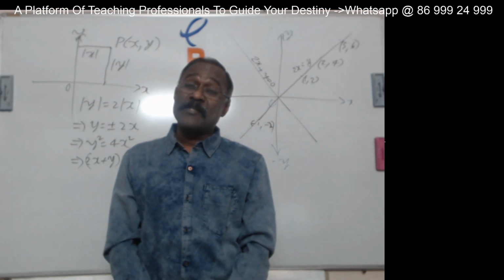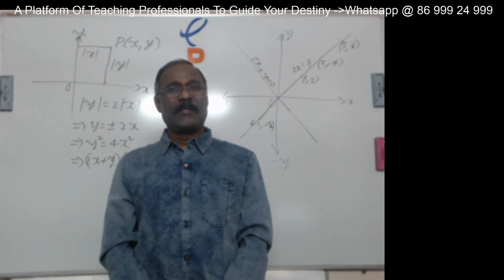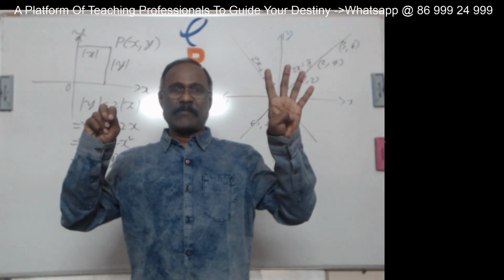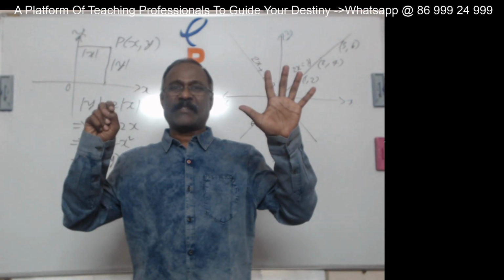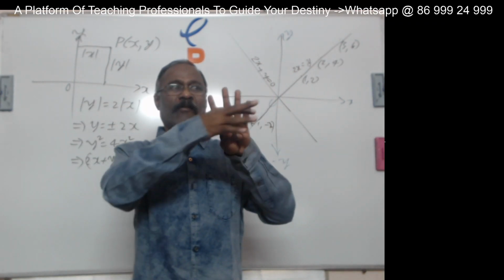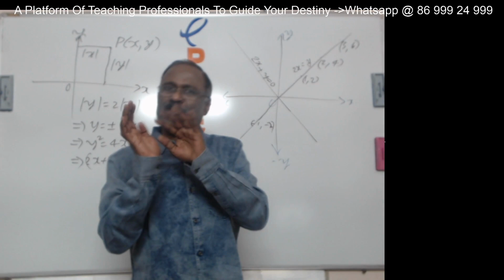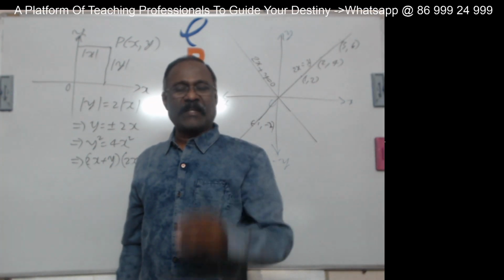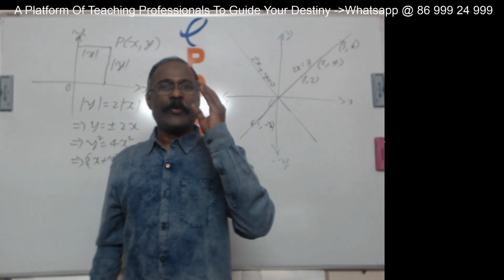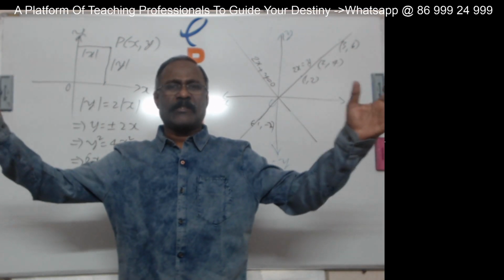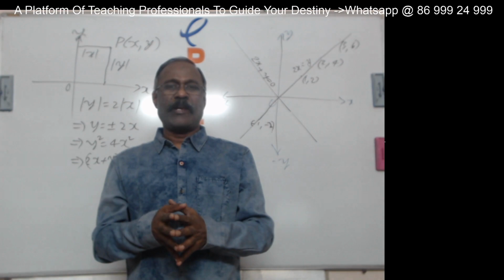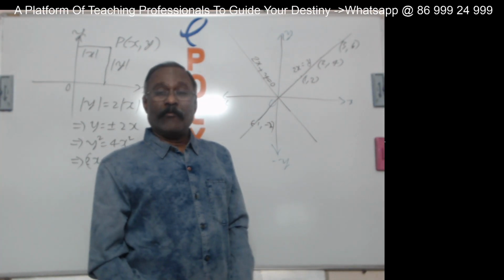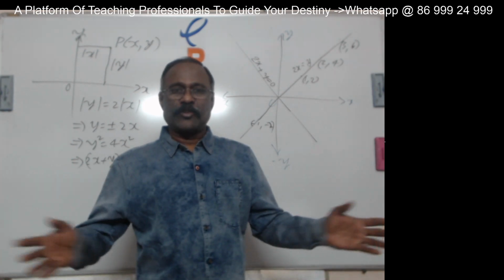What happens then? 6 terms become 4 terms, because we are eliminating the x term and y term, and thereby the 6-term equation is reduced. So the change of axis is applied to reduce bigger equations to smaller forms. We'll be seeing that in the next session. Namaste.